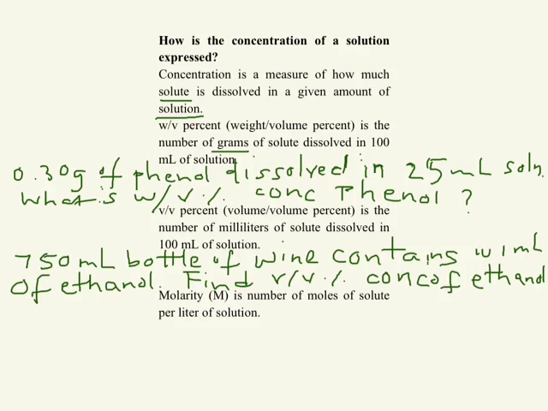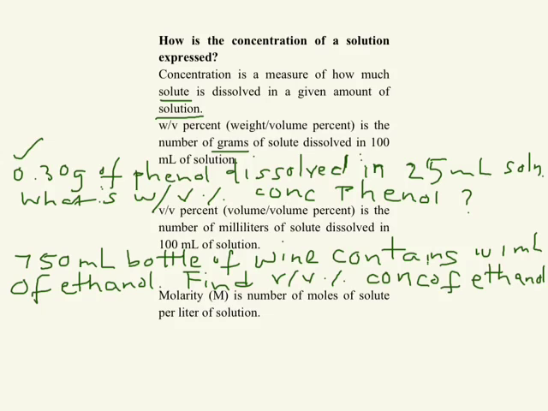So let's look at this problem. 0.30 grams of phenol are dissolved in 25 ml of solution. What is the weight by volume percent concentration of phenol?